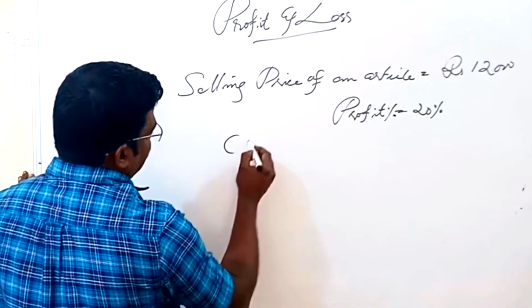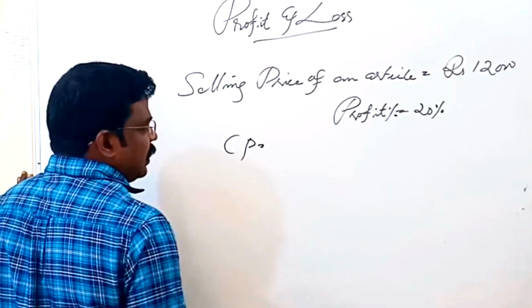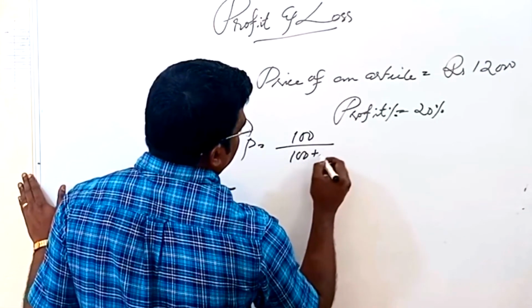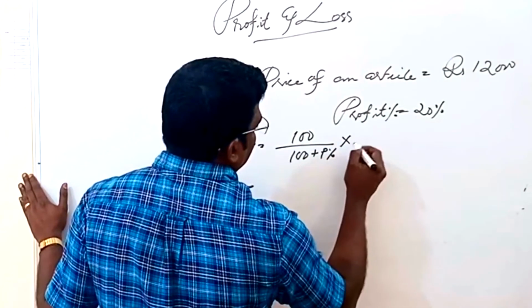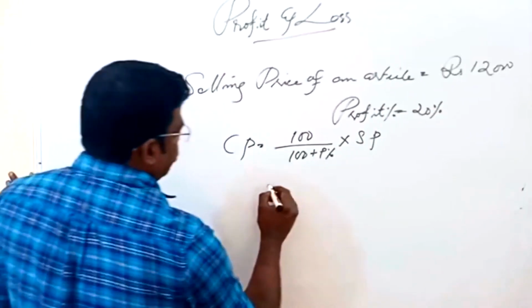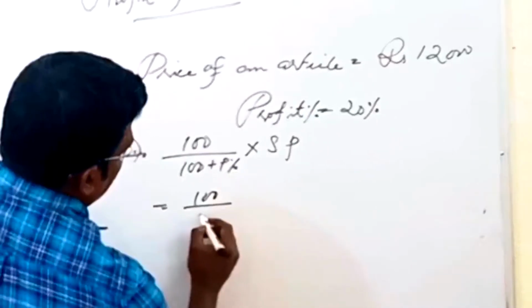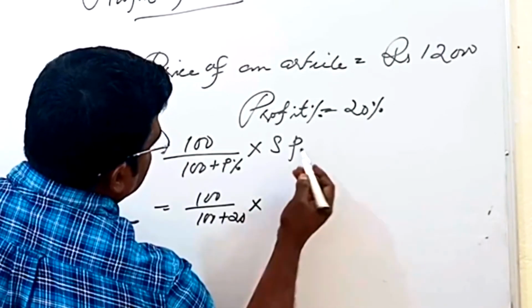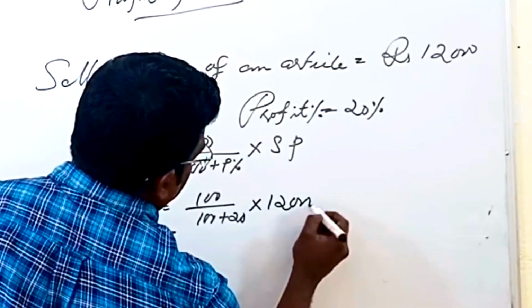So here we can use that equation. Cost price equals 100 by (100 plus profit percentage) into SP. So 100 by (100 plus 20) into the selling price 12,000.